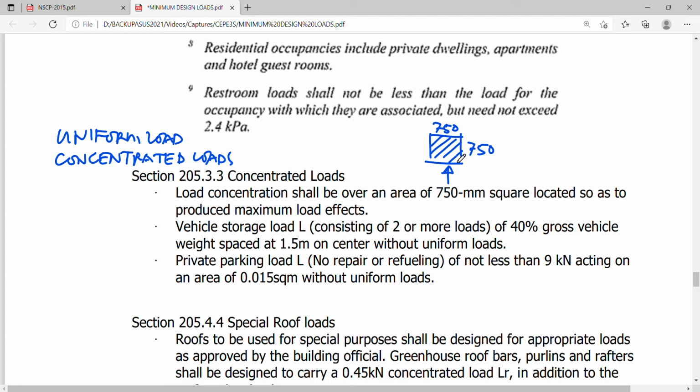So for vehicle storage, which are not defined in terms of its weight, then we simply multiply 40% of the gross vehicle weight to use as your concentrated load L. So L here is simply 40% the weight of the vehicle, which will be used as concentrated load spaced at 1.5 meter on center without considering the uniform load set forth on the table.